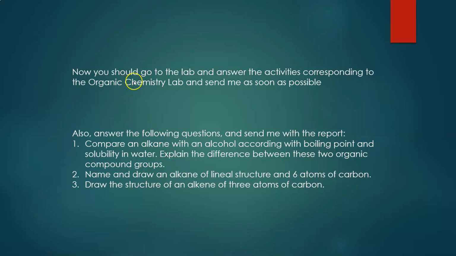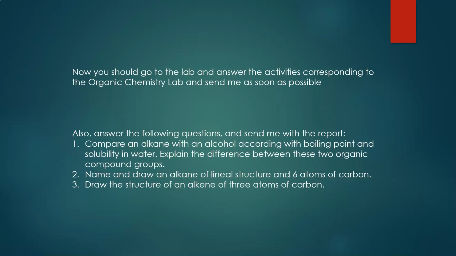Please, now you should go to the lab in your manual and answer the activities corresponding to the organic chemistry lab and send me as soon as possible. Also, answer the following questions and send me with the report. Compare an alkane with an alcohol according to the boiling point and solubility in water.